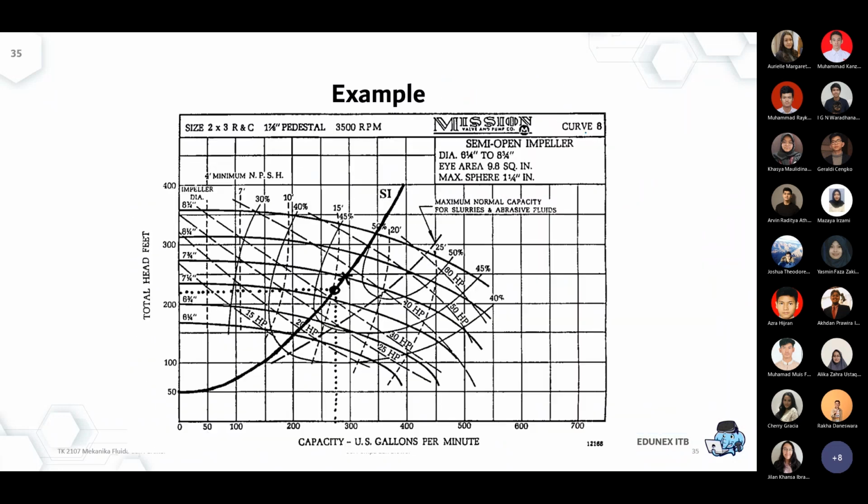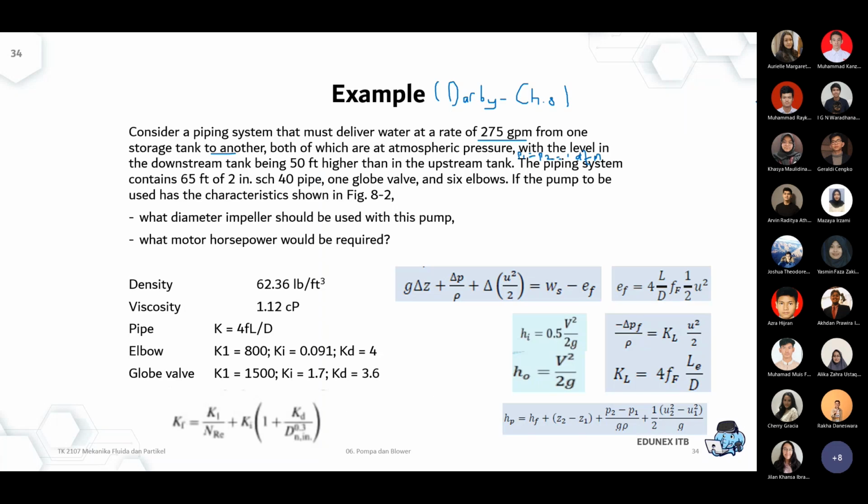Do I have the picture? I don't think so. So you have one tank over here, and then the water will be sent using a pump to an elevated atmospheric tank. So the delta elevation is around 50 feet.